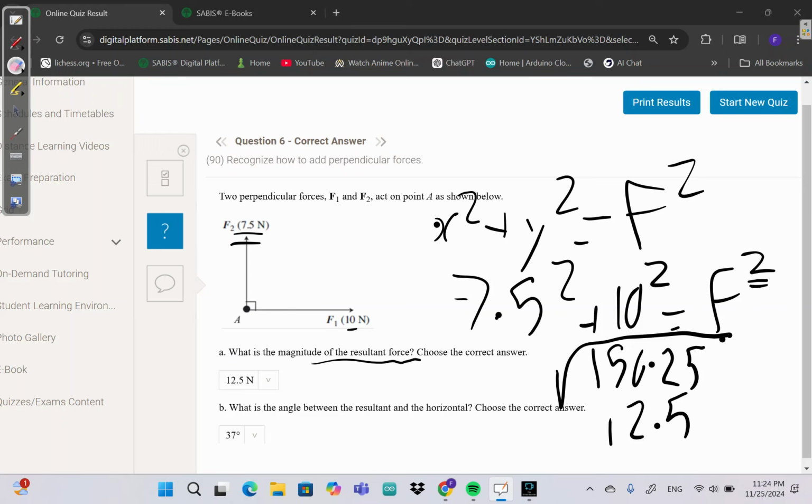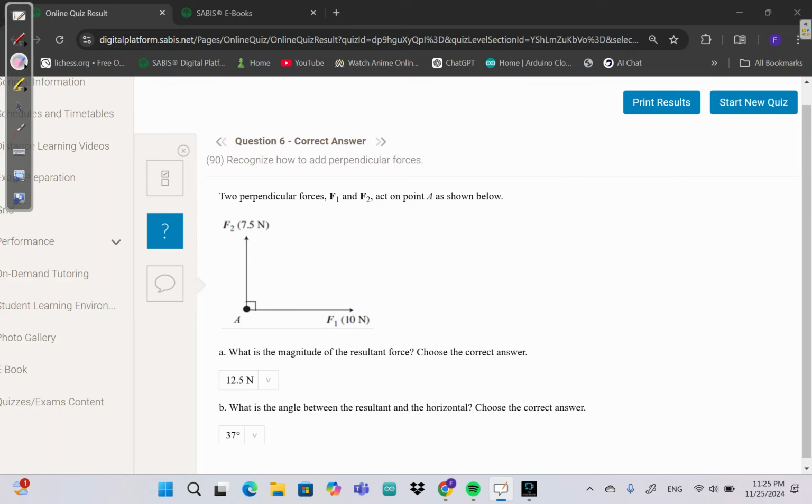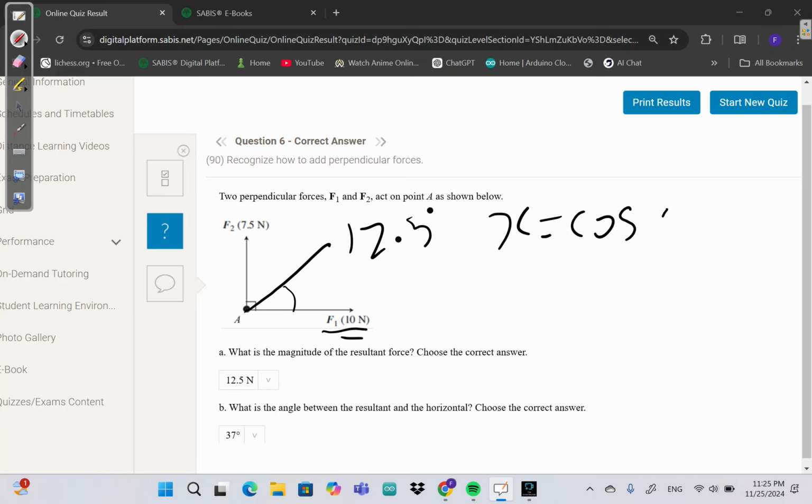Now for part B, okay. For part B, we got that this force is 12.5. So we need this angle. Now we said that the x component is going to be equal to cosine of the angle times 12.5, which is the force.